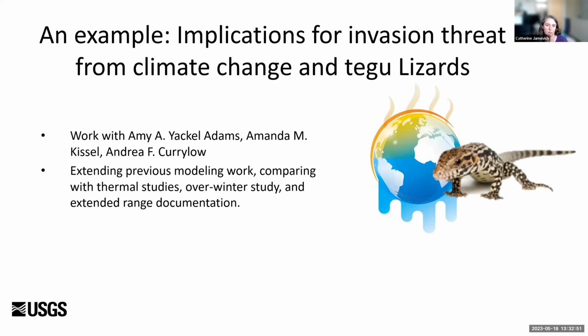And this is building on some work I did with an even larger group that was published in 2018, developing habitat suitability models based on tegu lizard native range and applying those to the US. But what we did here is we're extending that previous modeling work, considering changing climates and comparing that with thermal studies, with an overwinter study and extended range documentation. So really honing in on what we've learned about the species as well in the intervening 5 years.